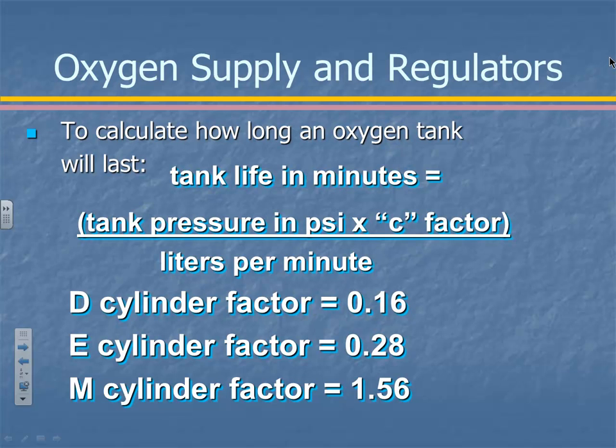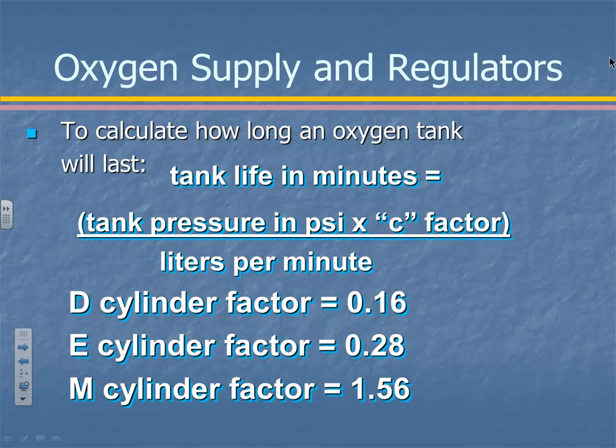All right, changing topics here very quickly, and we're almost done. If you have to determine how much oxygen you have in your cylinder, you have what they call a C factor. If you just look at a tank and you open it up and it's got 2,000 psi, does that really tell you how long a life you have in that tank?